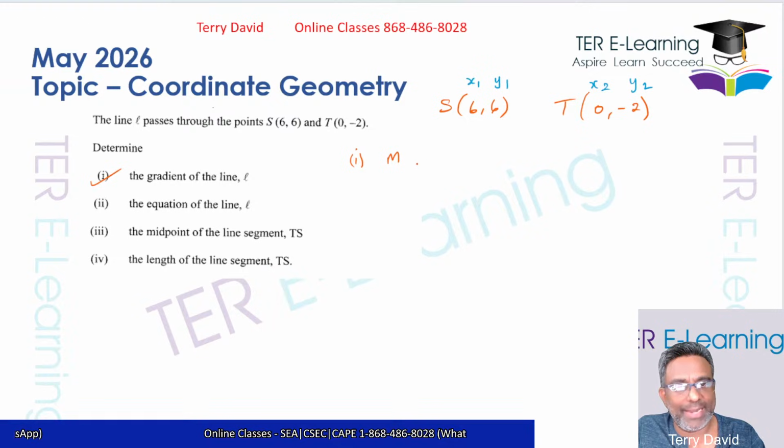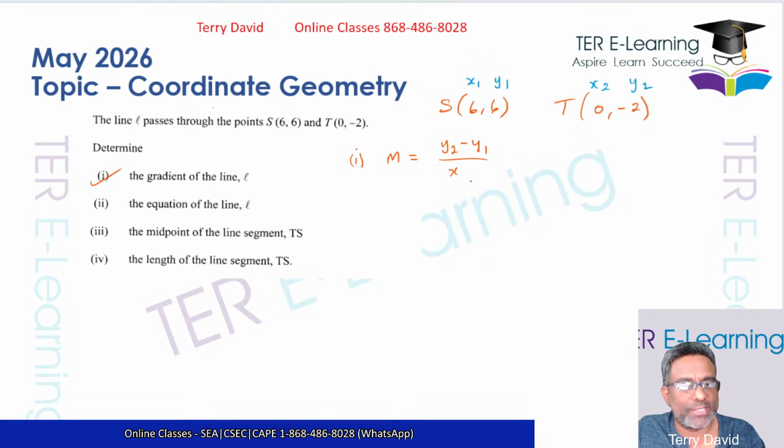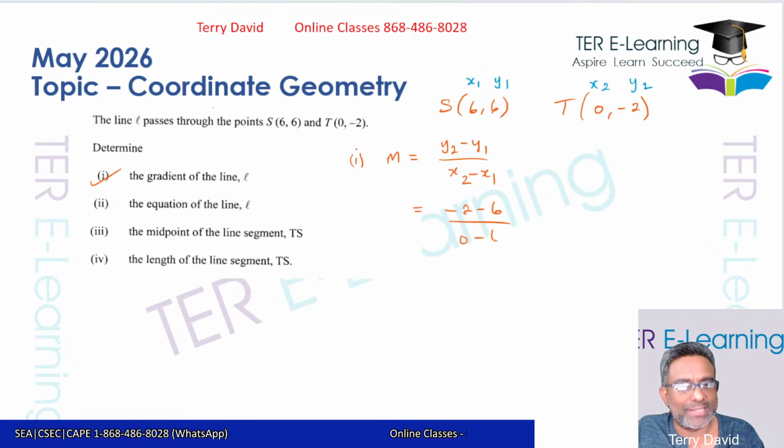So the gradient M is given by y2 minus y1 all over x2 minus x1. So we're going to substitute. So our y2 in this case is minus 2 minus 6 all over 0 minus 6. So minus 2 minus 6 will give us minus 8, and then 0 minus 6 will give us minus 6.